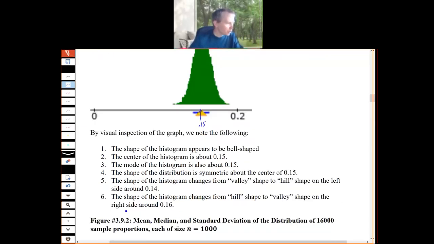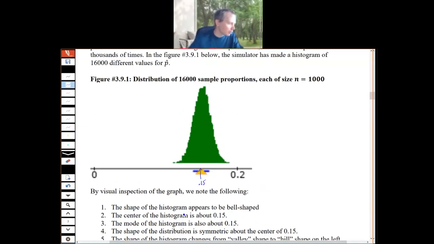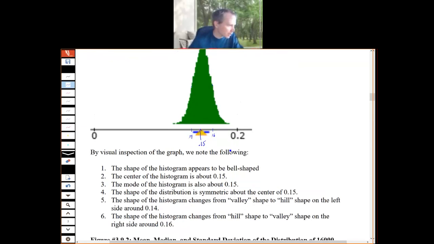If we were to look much more closely, remember when we talked about a normal curve, we could talk about where it switches from bending up to bending down. And if we were very careful about it, we could measure where that point was, right? So maybe that's like 0.14. And on the other side, maybe it's like 0.16. But I don't have a very carefully measured graph here, so those are just very approximate.